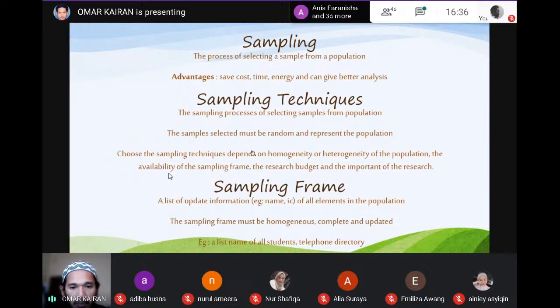Choose the sampling technique depending on the homogeneity or heterogeneity of the population. Homogeneity maksudnya persamaan dalam population itu. Sejauh mana persamaan dalam population itu, ataupun sejauh mana ketidaksamaan. Maksudnya dalam population kita tu semuanya sama ke tak?